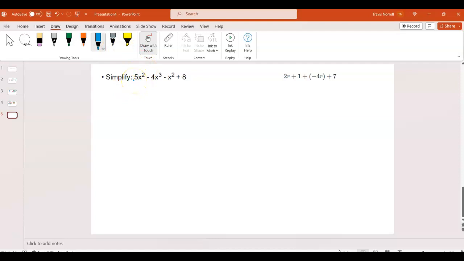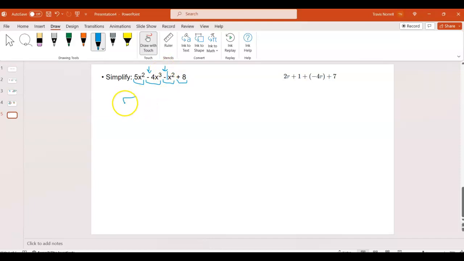Okay, we have positive 5x squared minus 1x squared minus 4x cubed plus 8. First thing, let's change these subtraction signs to plus the opposite.